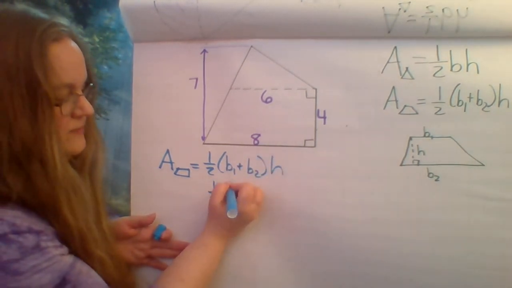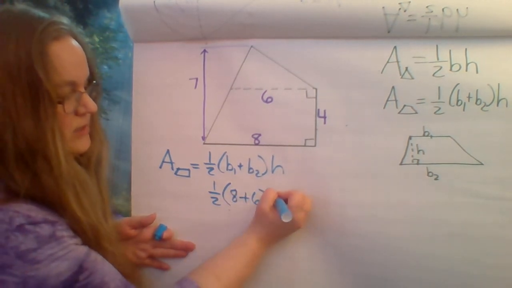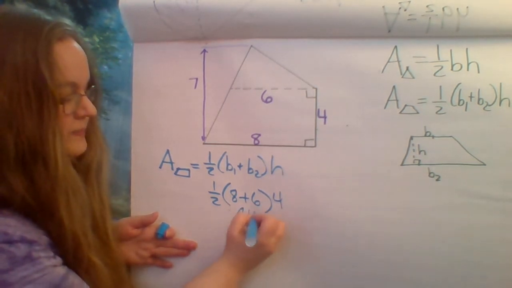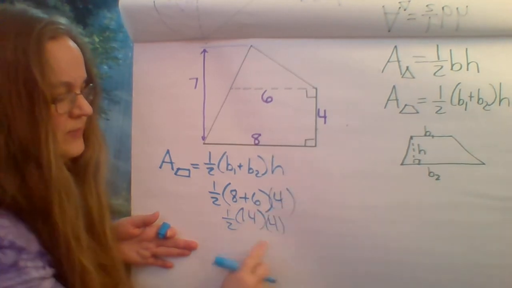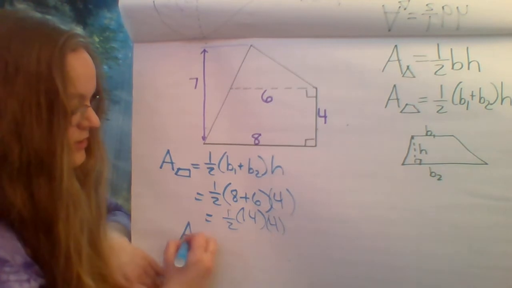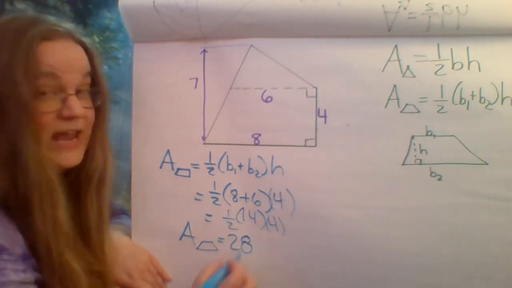So 1/2 times, we've got 8 and 6 and 4. Okay, 8 plus 6 is 14. Half of 14 is 7. So 7 times 4 is 28. So the area of my trapezoid is going to be 28.